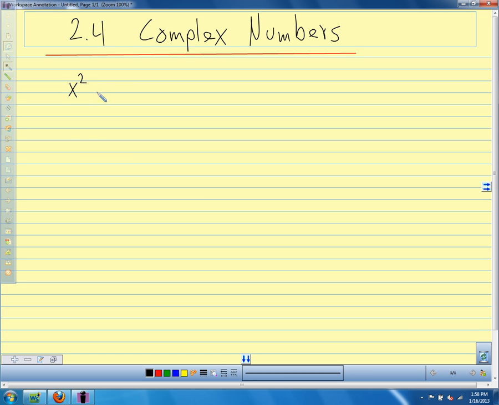x squared plus 1 equals 0. Can we solve this with techniques that we've used so far? We get x squared equals -1 and take the square root, and x equals plus or minus the square root of -1.